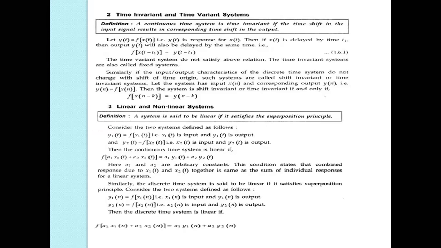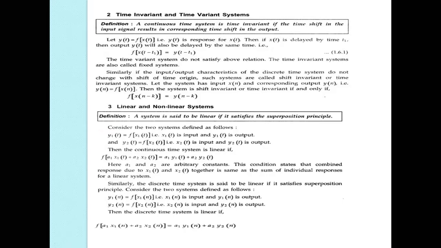The time invariant and time variant system. What does a time invariant system mean? A continuous time system is time invariant if a time shift in the input signal results in a corresponding time shift in the output signal.